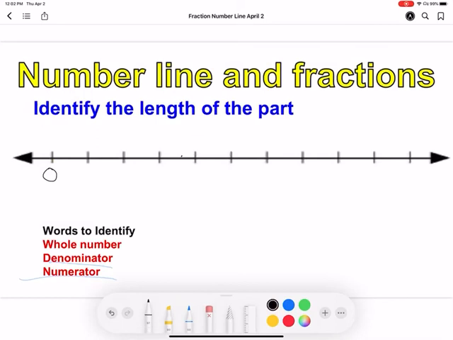Now, this time, I want to know one more time how big this section is. Here's a number. Ooh, that's quite a bit more, isn't it? Well, again, find your denominator.